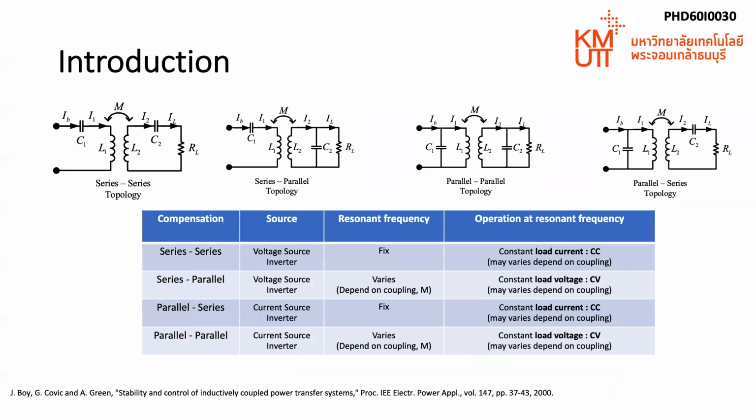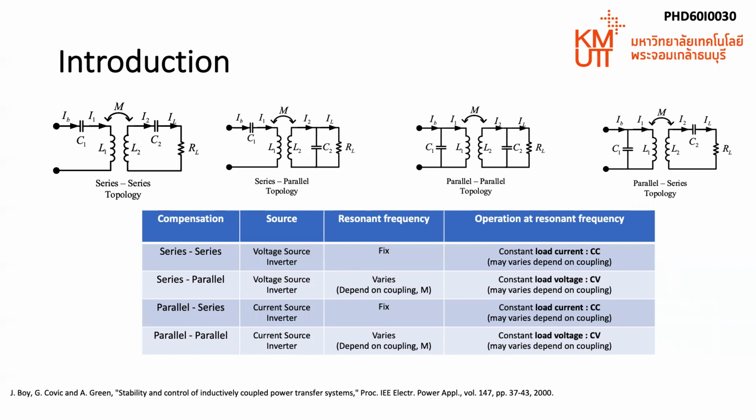The reactive power compensation, also known as the resonance circuit, is commonly chosen to overcome the issue of poor magnetic coupling. The four basic compensation circuits are series-series, series-parallel, parallel-parallel, and parallel-series, or SS, SP, PP, and PS, with the following advantages in the table.